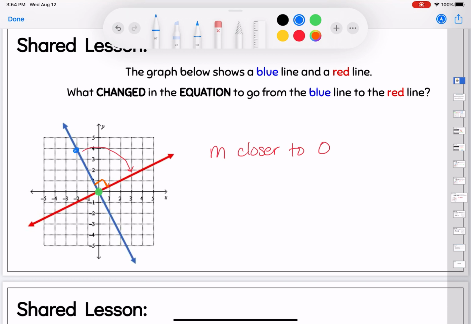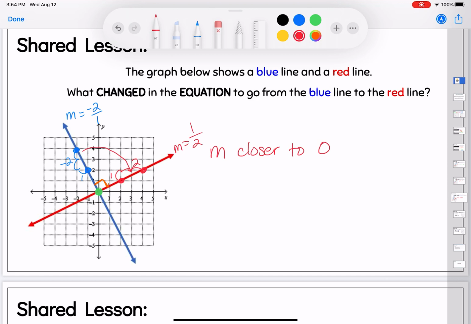So here are 2 points for the blue line, my original line, and it looks like my slope was down 2 and run 1. So my slope of my blue line was -2 over 1. The slope of my red line looks like I had a rise of 1 and a run of 2. So my slope was 1/2. And sure enough, opposite and reciprocal for perpendicular lines.